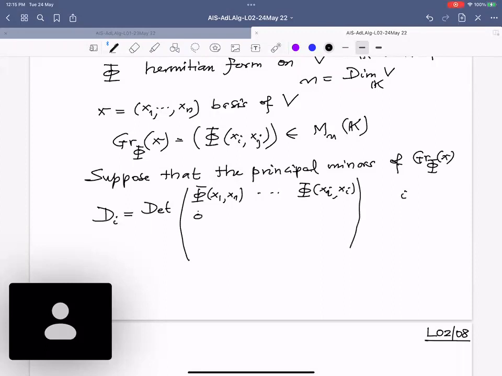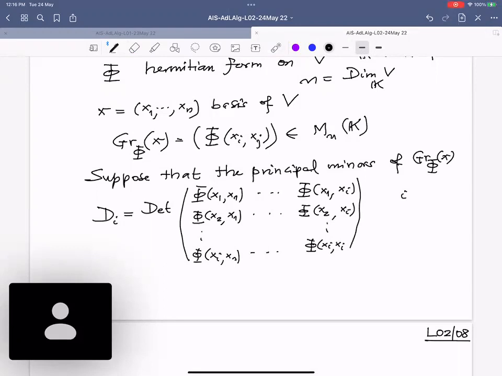And then take phi(x2, x1), you go on to phi(x2, xi). This is the first row. Go up to the ith column. And so on. Take the ith row, ith column.